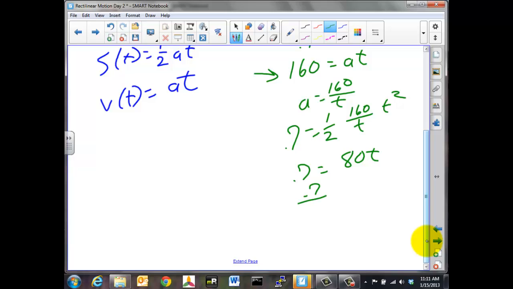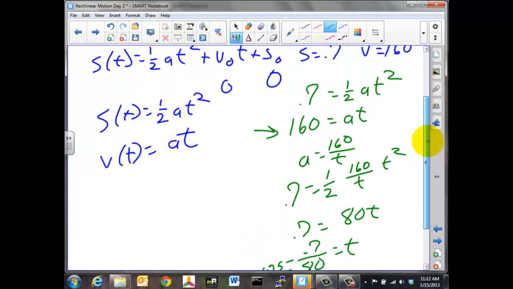So 0.7 divided by 80 equals T. Which is a really small number. 0.00875. What have we done wrong?